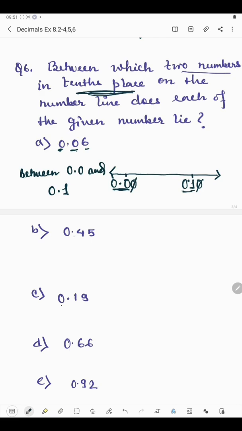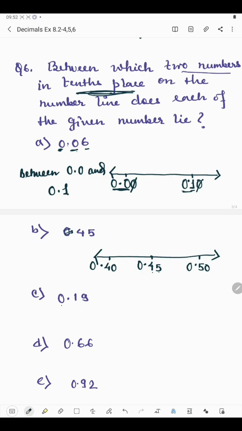In the B part we have 0.45. Okay, if you draw the number line, if you ignore the point, it will become 45. Now 45 is supposed to be here, so it lies between 40 and 50. Now we are putting the decimal. After 2 digits the decimal is there, so putting the decimal similarly here and here also.